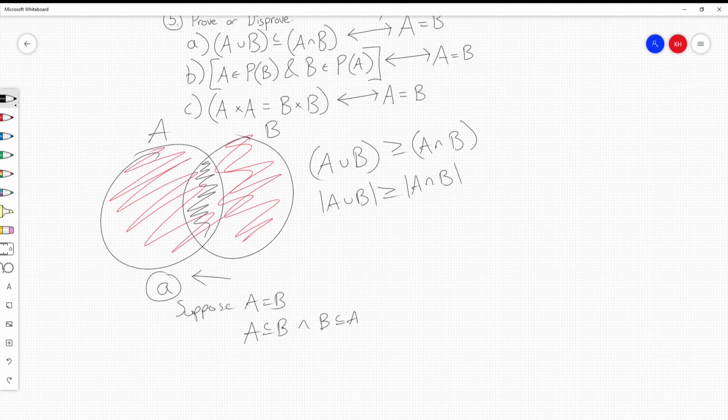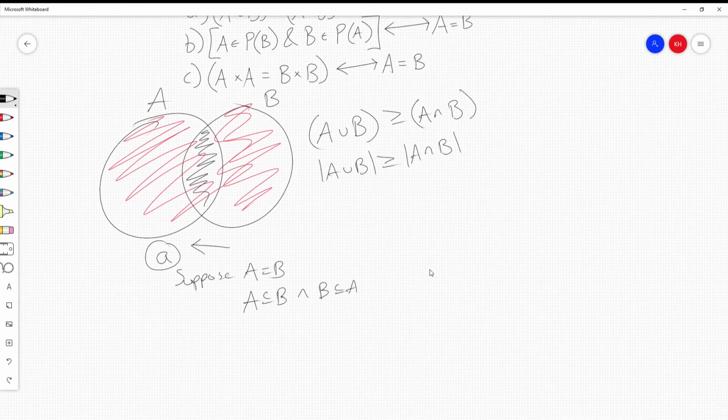given this. So if A is equal to B, A union B is equal to A, and A union B is equal to B, right? Nothing wrong with that.